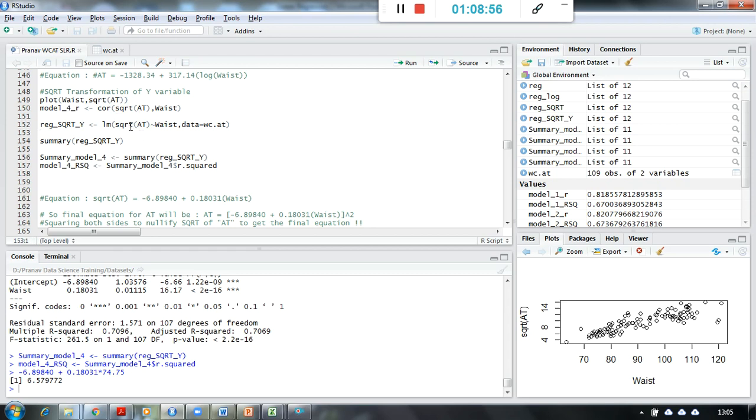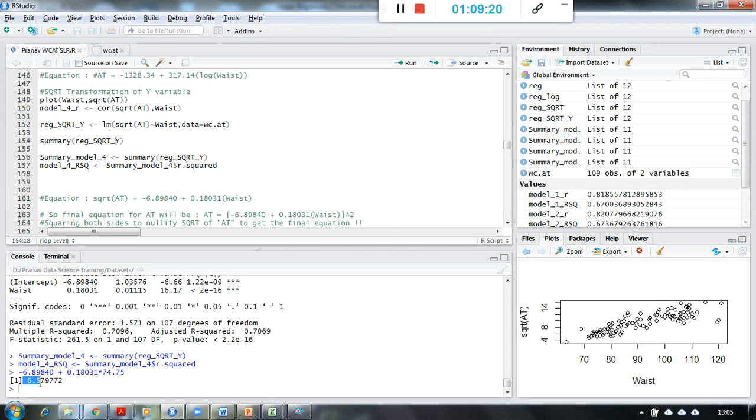Which means we have to do a reverse transformation, because we have transformed the y variable. The value we have got is the square root of ad, or fitted ad, and that is why we have to take the square of this. If we take the square of this, we will get the actual ad value, right?